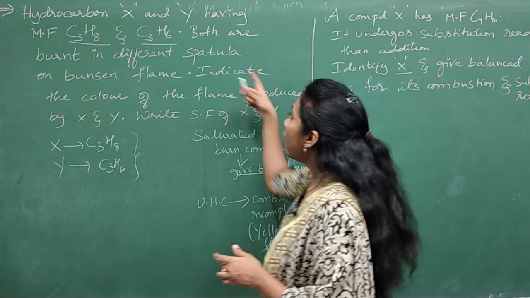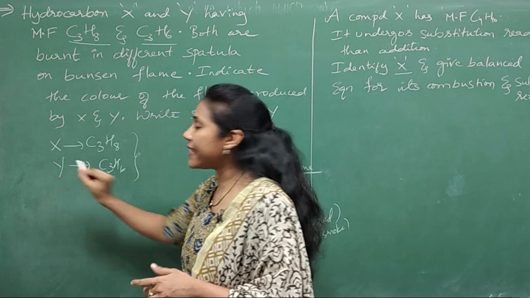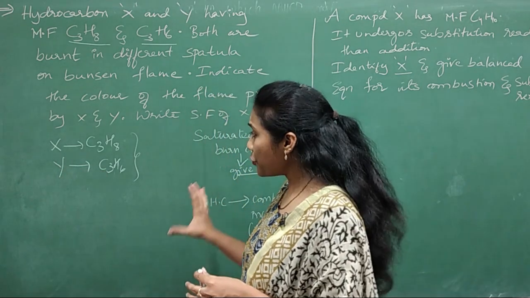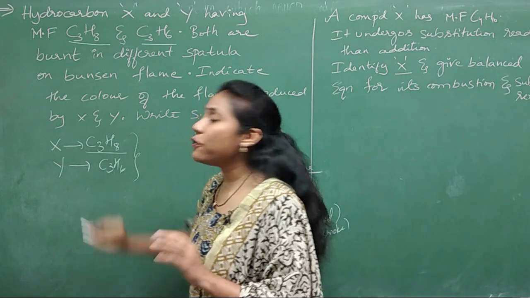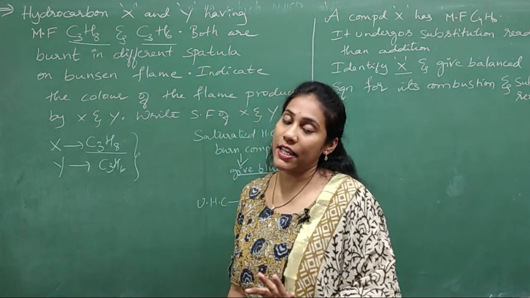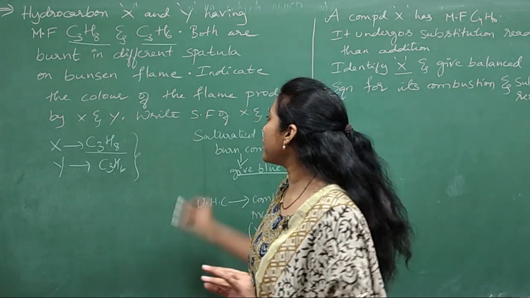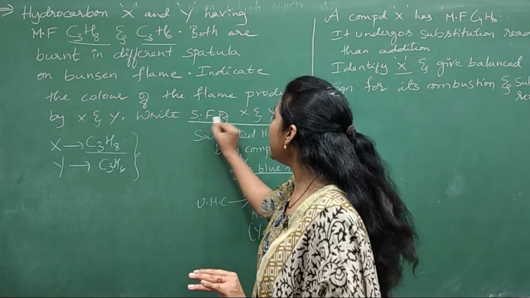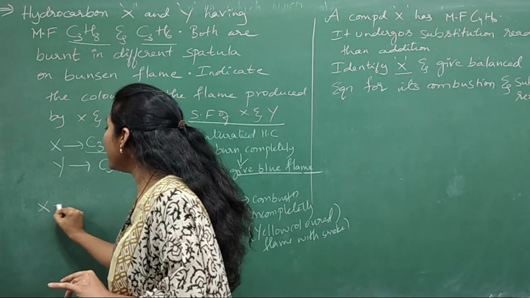So they are asking, what colored flame do you get when you burn X and Y? So to answer this question, first you must know whether X and Y are saturated or unsaturated. If you want to know whether they are saturated or unsaturated, you have to write the structural formula of X and Y.